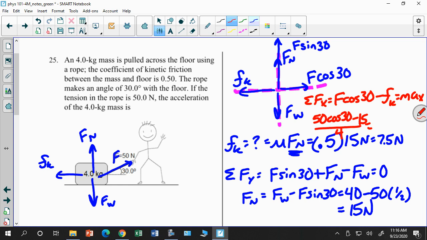Is that coming from the 50 cosine 30 or the friction? That's Fk. Oh wait, did I do that right? Oh no, I'm sorry, I did that wrong. This should be minus 7.5. That's F cosine 30 minus the frictional force. And that 7.5 was right there.